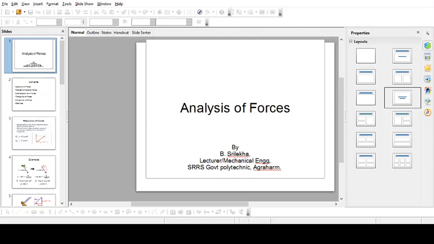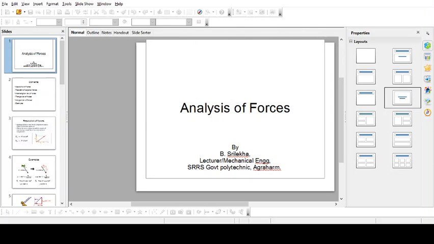The parallelogram law of forces states that if two forces acting at a point are represented in magnitude and direction by the adjacent sides of a parallelogram, then the diagonal passing through the point of intersection represents the resultant in both magnitude and direction.